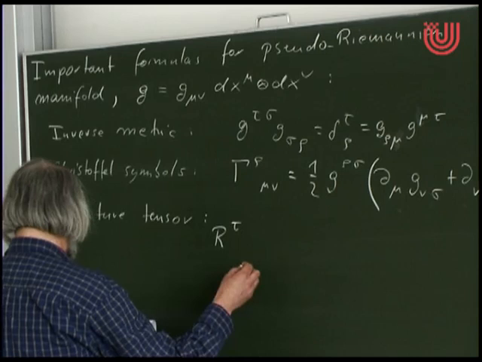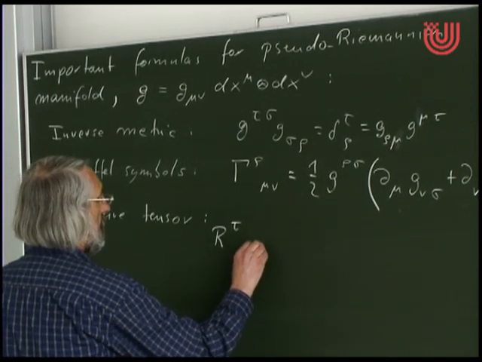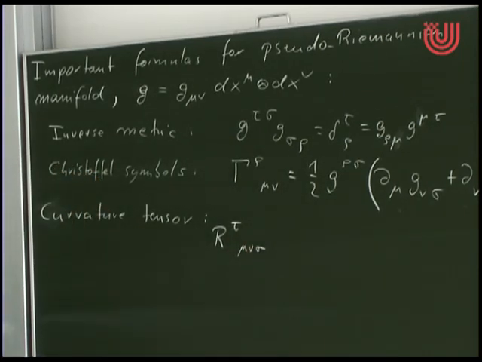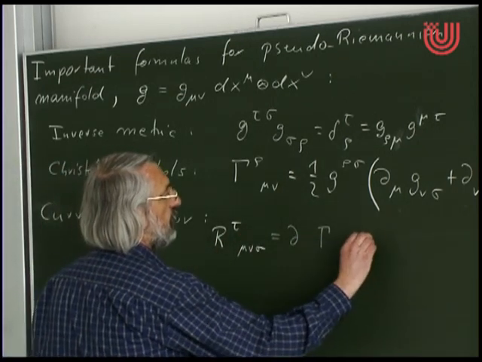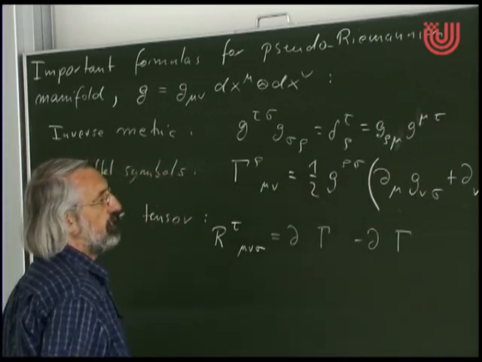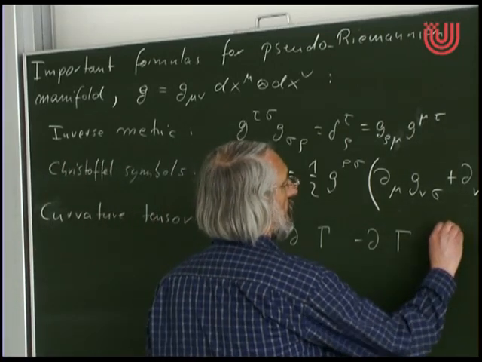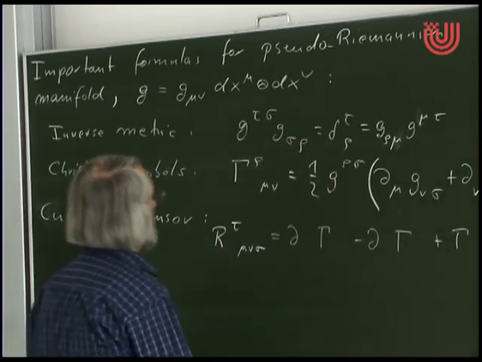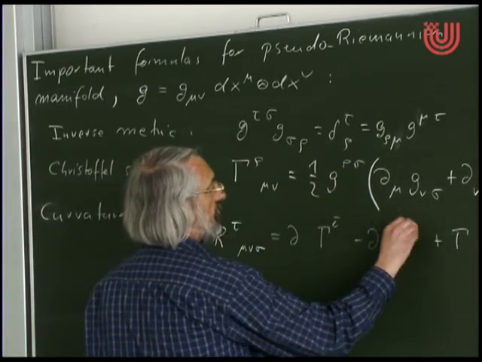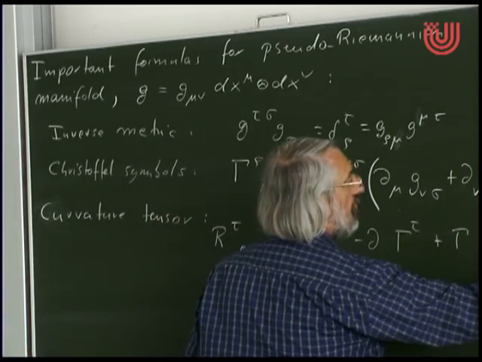So I had tau, mu, nu, sigma. What you should keep in mind is that this is given by 4 terms. The first 2 involve partial derivatives of the gammas, and the other 2 involve products of gammas. And then the upper index tau is always on one of the gammas.